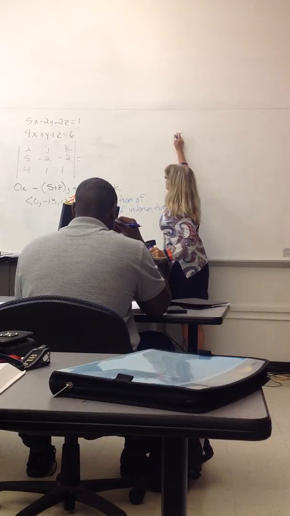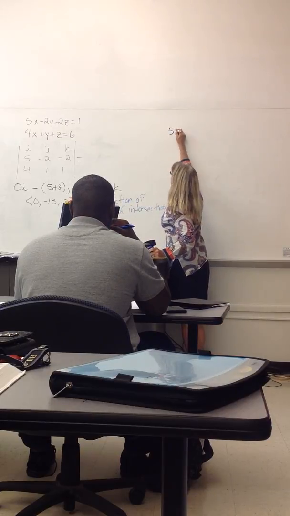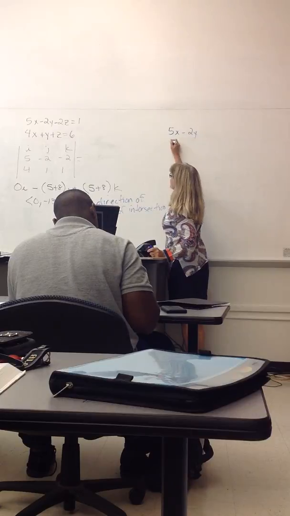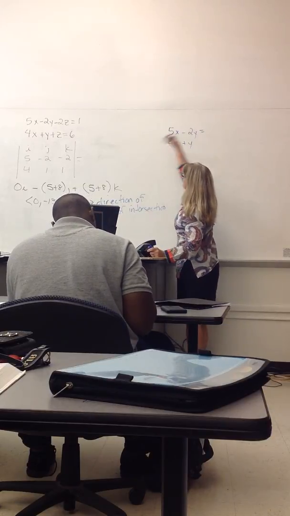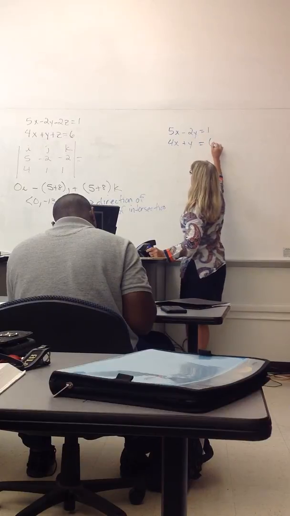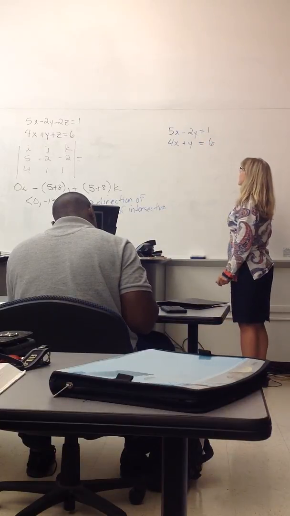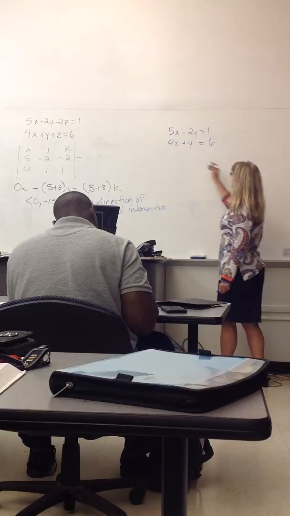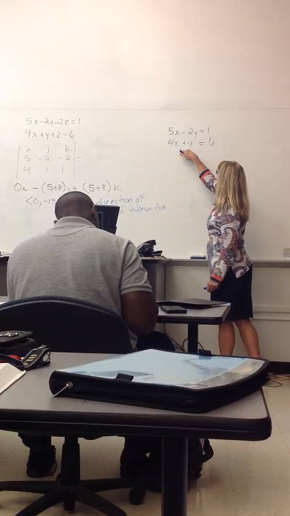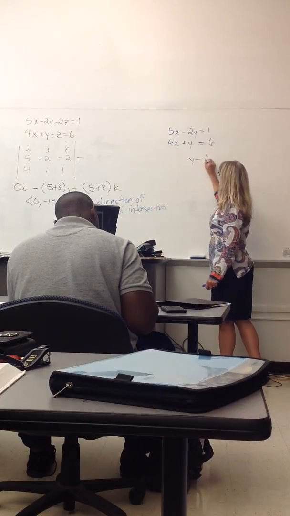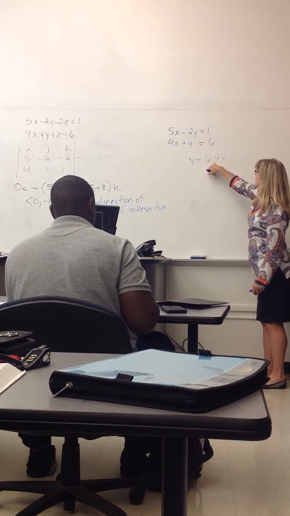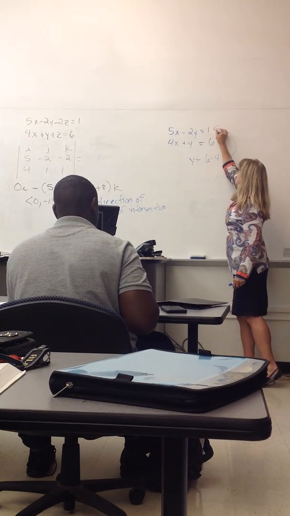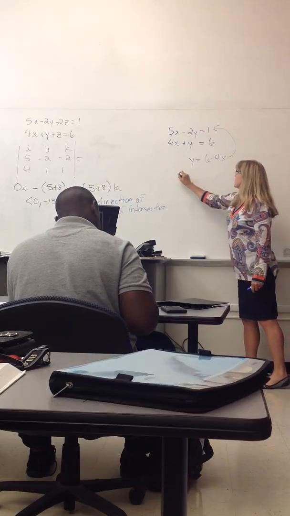So why don't we try making z 0? So 5x minus 2y, 4x plus 1y. If z is 0, then my z's cancel out. And you can solve this any way you want. With this 1y, I might actually do a substitution, and substitute that into the first one.